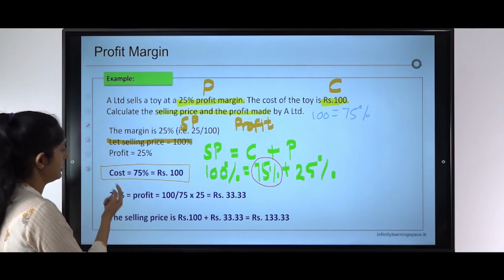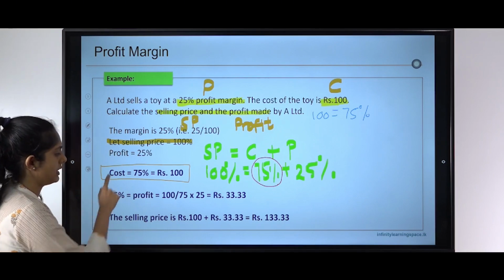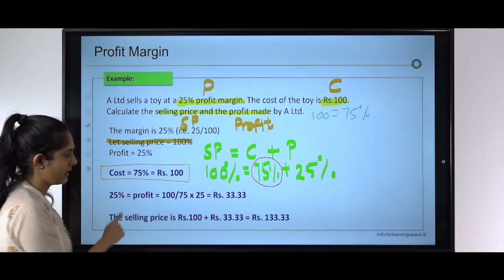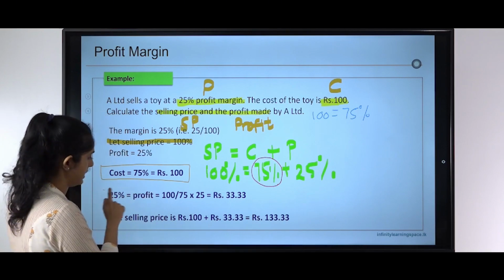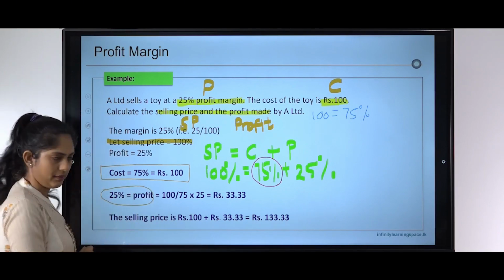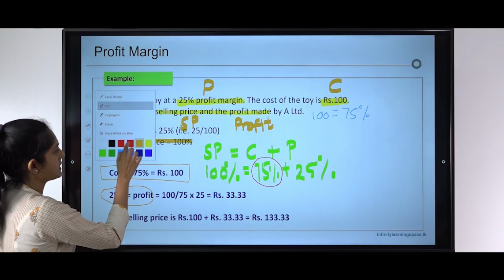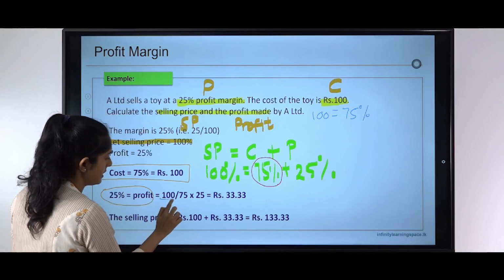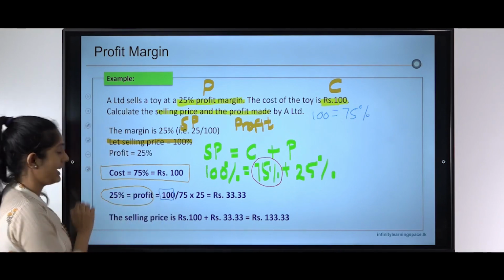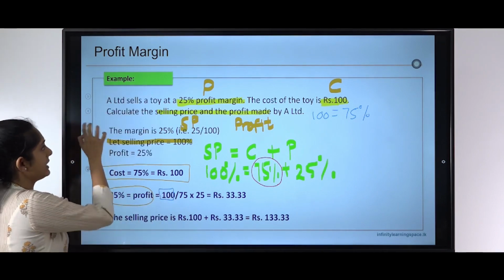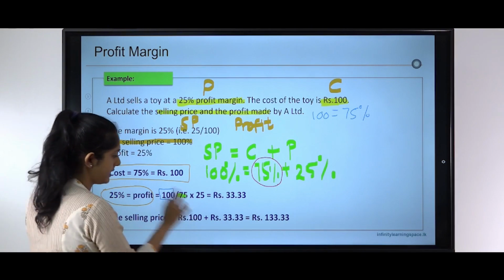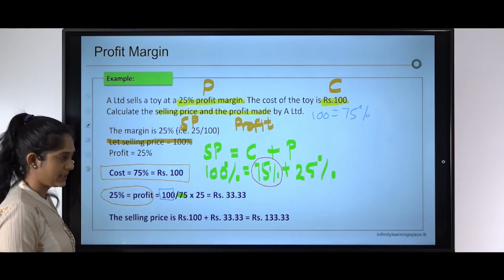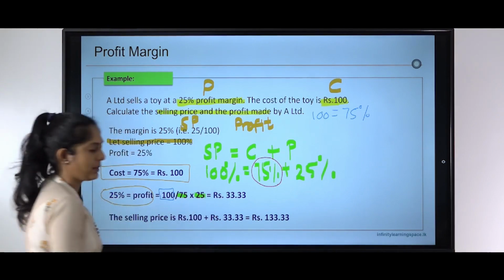So if you want the profit, what you can do is 25% is the profit. So here 25% is the profit. So take your cost, which is 100, right? Divide it by the percentage, which is 75, because 75% is the cost, multiplied by 25.